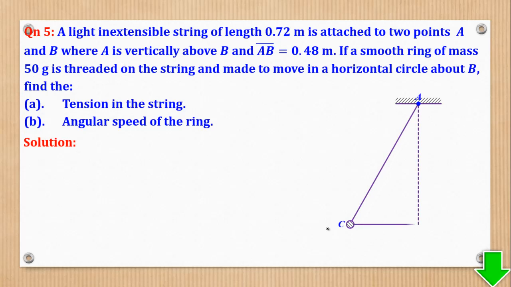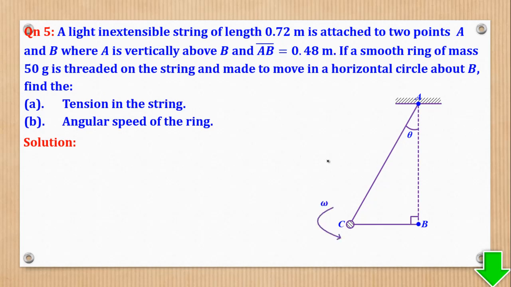Here, initially it was only this string with a particle attached, but now this time the whole of this is the string and the particle is attached at a certain point along the string. And the word used is threaded, meaning the tension will be the same throughout because it is still continuous.